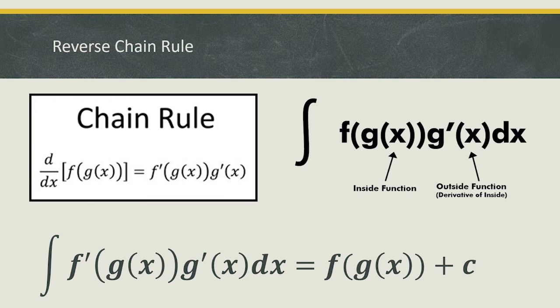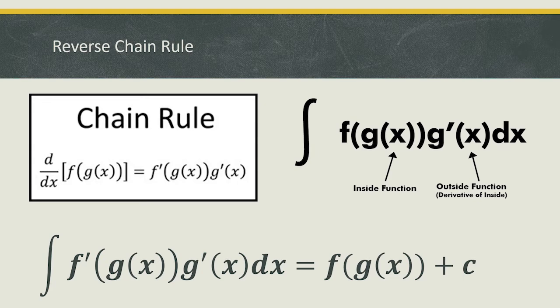So essentially, with the reverse chain rule, you're treating the inside function and its derivative as the outside function. With the chain rule, the reverse is also true.